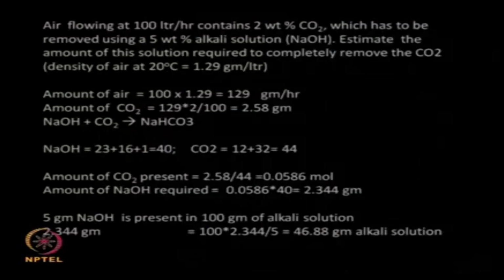You may be able to recover carbon monoxide, carbon dioxide, chlorine, and so many other toxic gases or toxic vapors using an absorption system, and this particular last problem tells you how to go about calculating the amount of solvent required for absorbing the gas in the entire unit operation.